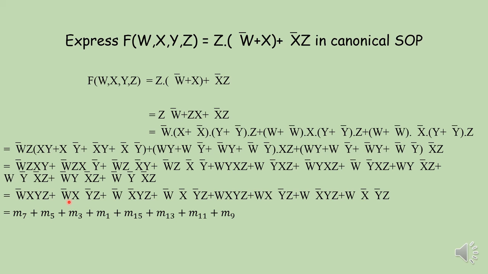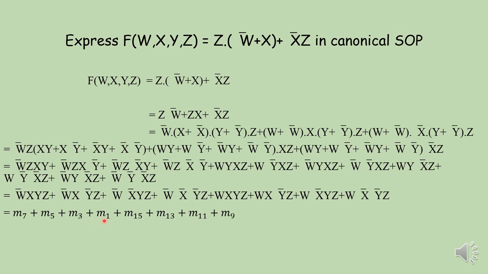Next it is 0, 1, 0, 1. So the next min term is M5. Next term is 0, 0, 1, 1, that is equal to 3. So here we write M3. Next 0, 0, 0, 1, that is equal to 1.